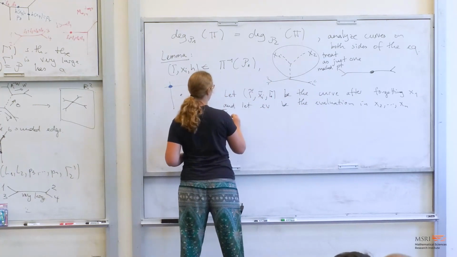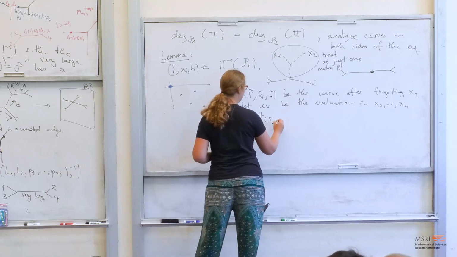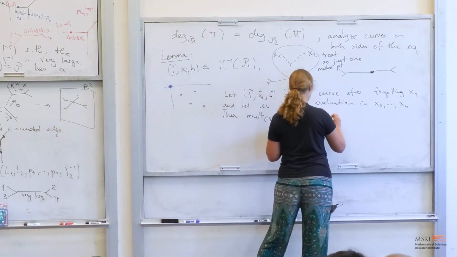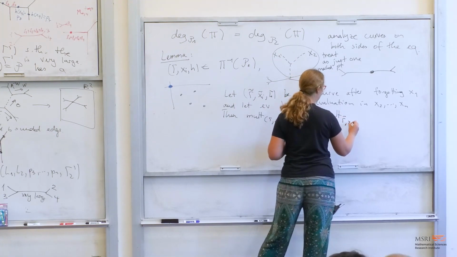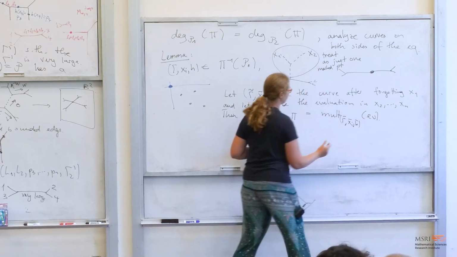Then the multiplicity of my gamma xi h of pi is equal to the multiplicity of my gamma tilde xi tilde h tilde of EV.